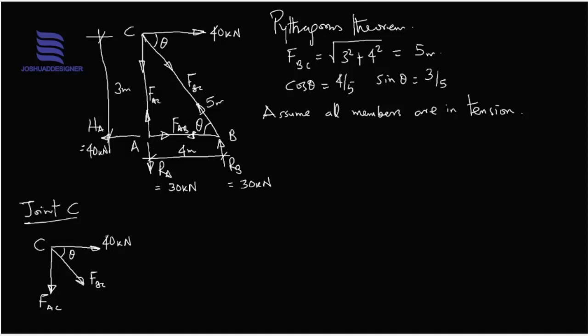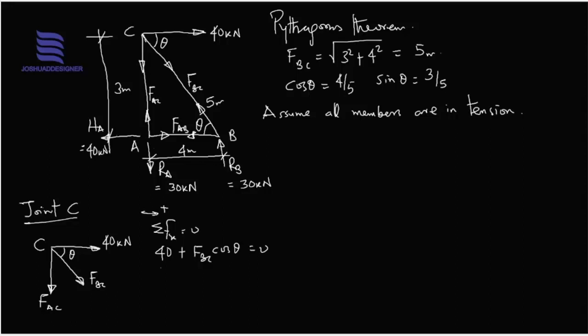First of which will be the summation of the horizontal forces equals to 0, not forgetting our sign convention. So we are going to have 40 kilonewton positive plus FBC cos theta being positive equals to 0. Those are the two forces we can resolve to the horizontal at the moment.